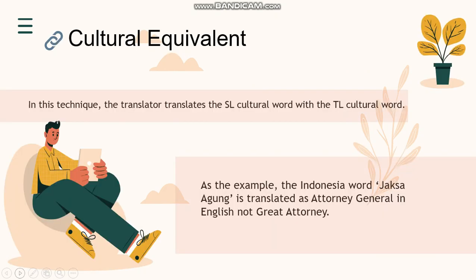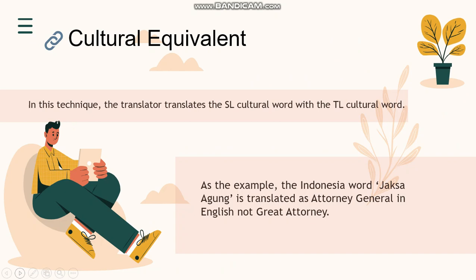Next is cultural equivalent. In this strategy, the translator translates the source language cultural word with a target language cultural word. As an example, the Indonesian word Jaksa Agung is translated as Attorney General in English and not Great Attorney.